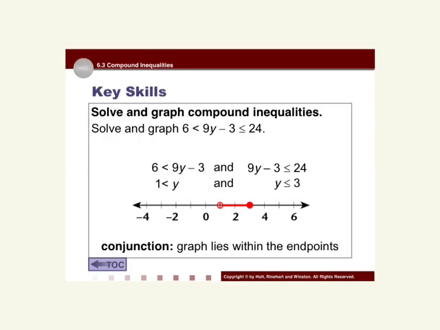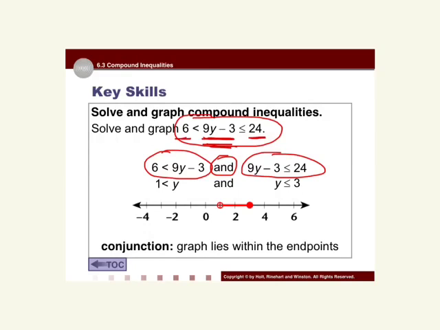Now here's a compound inequality. Again, we're asked to solve this, and it's written without the word in there. So we know that this has to be an and. And so typically we would break this up into two separate inequalities using the word and between them. So what's in the middle goes with the left side, and what's in the middle also goes with the right side.